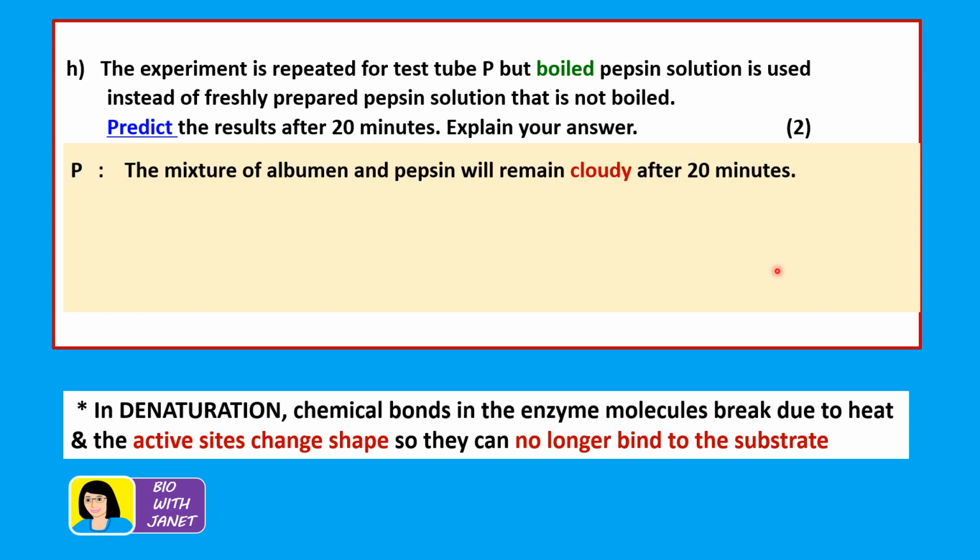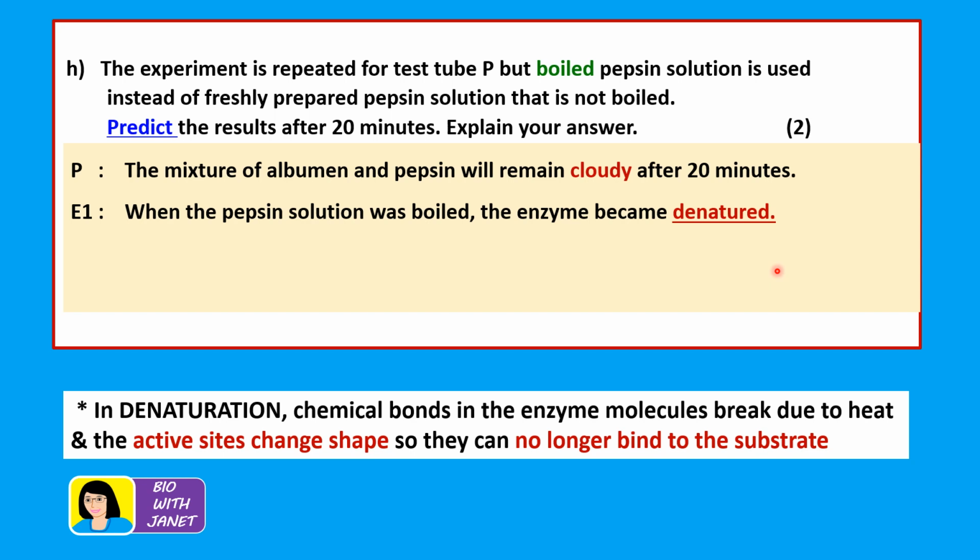Okay, so the answer is that the mixture of albumin and pepsin will remain cloudy even after 20 minutes, right? Why? So your explanation will get you another 2 marks, or 1 mark. E stands for explanation, P stands for prediction. Okay, the P here is for prediction, and the E is for explanation.